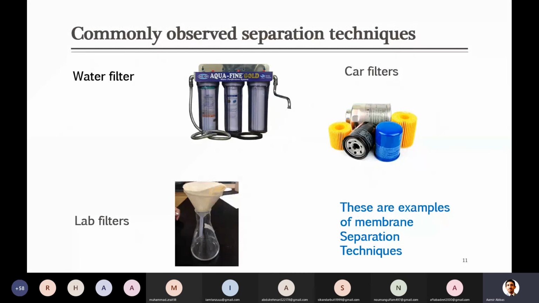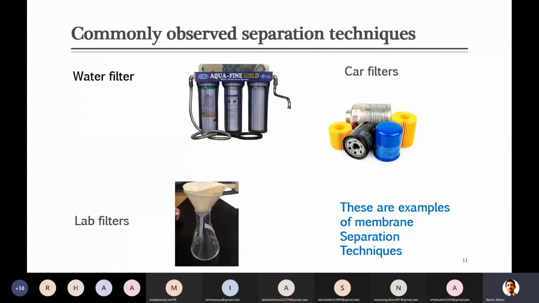We said that when a liquid carrying some solid, or a gas carrying some solid particles, passes through some filter, the separation takes place based on the size of the particle. If it is smaller than the pores of that filter, it will pass through.